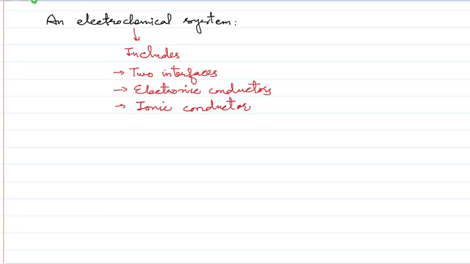With the help of this schematic diagram, we will try to understand this. For example, you can imagine first, suppose this is an electronic conductor, that means through which electrons can flow.